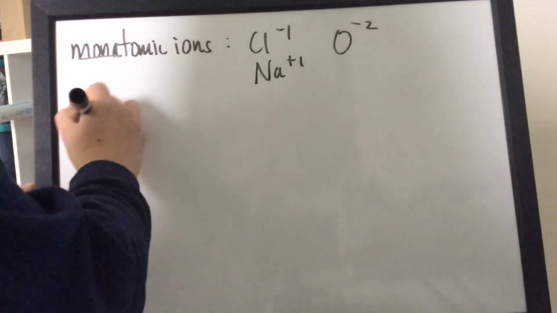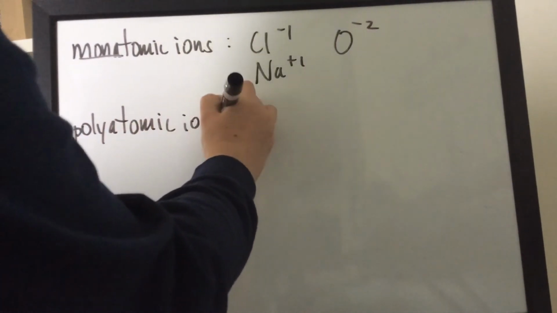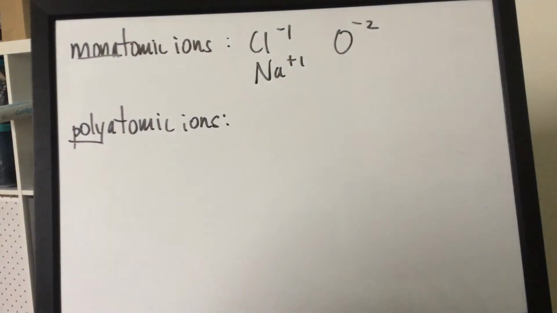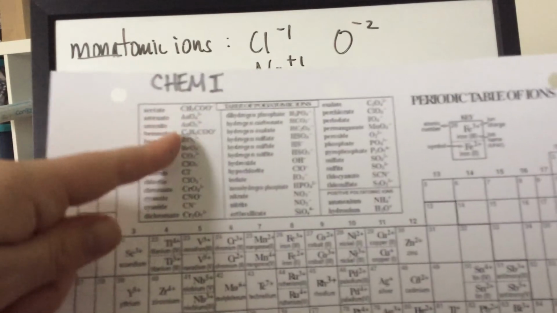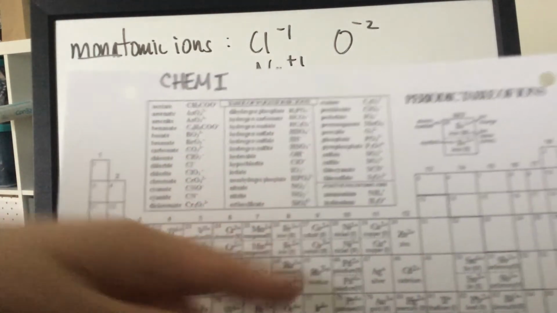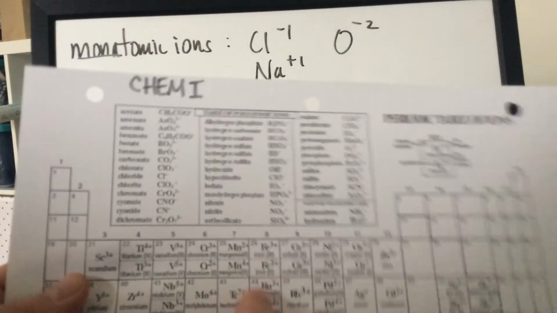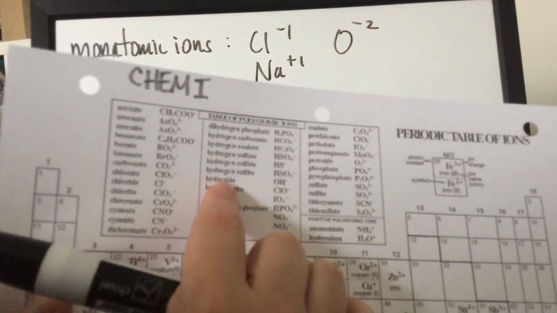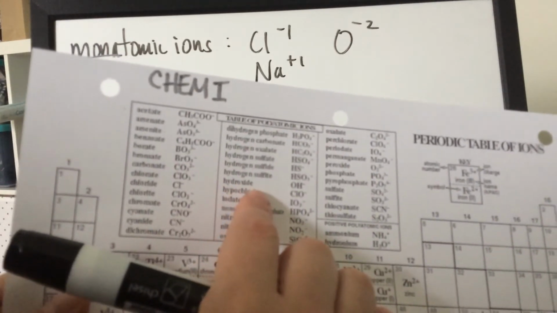What we're now going to talk about are polyatomic ions. And of course, poly means more than one. So if you look at this chart of polyatomic ions, you see that some of them are pretty complicated. So what's a polyatomic ion? Probably the simplest one is the polyatomic ion whose name is hydroxide.